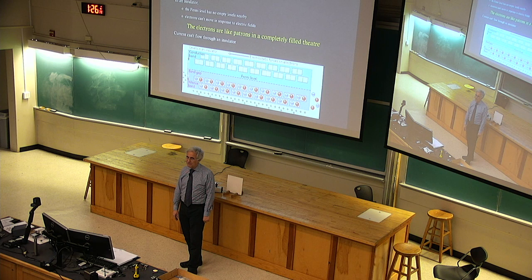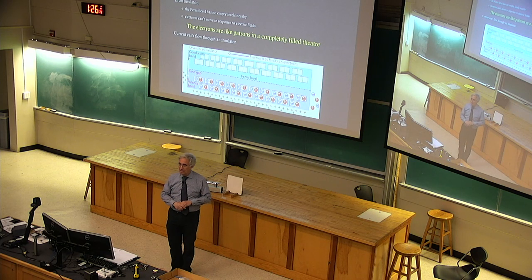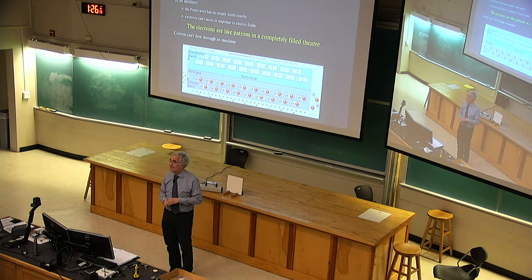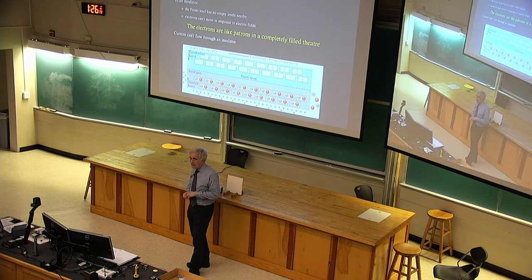So the valence band is the highest energy band that has electrons in it. It's not empty. The conduction band is a name for the band of levels that is empty. It's a set of standing waves, in other words, levels, that electrons could be in, but they're not.